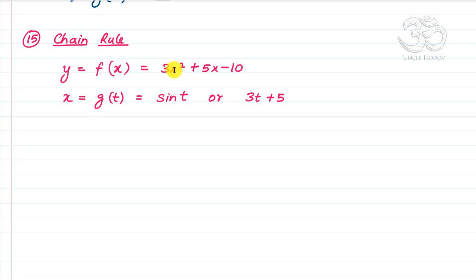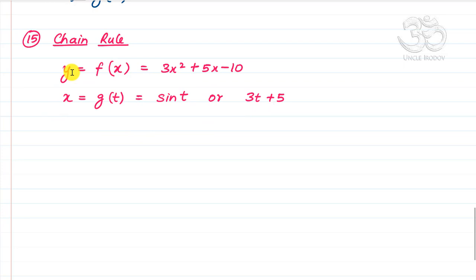So the idea here is that t is the real independent variable. When I make a change in t, a change is made in the value of x. And if I make a change in the value of x, a change is made in the value of y. So there is a chain kind of, t leads to x and x leads to y.